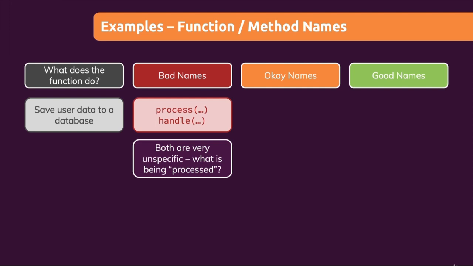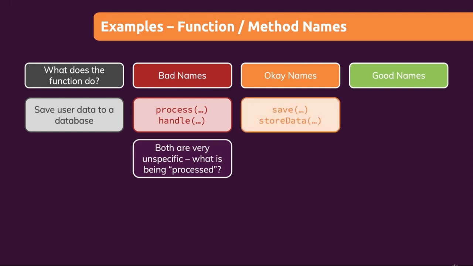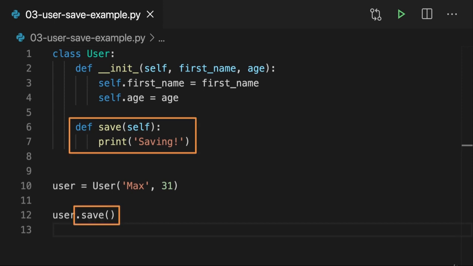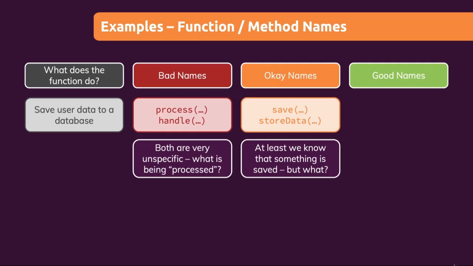Now, when it comes to okay names, we could have something like save or storeData. Now, the good thing is that now it's clear that something is being saved, but it's still not necessarily clear what is being saved. Of course, if save is a method on a user object, then it's way clearer, and then save is perfectly fine. But if you just have a function called save, which is not called on an object, but which instead, for example, receives an object as an argument, there might be a better name which you can choose.